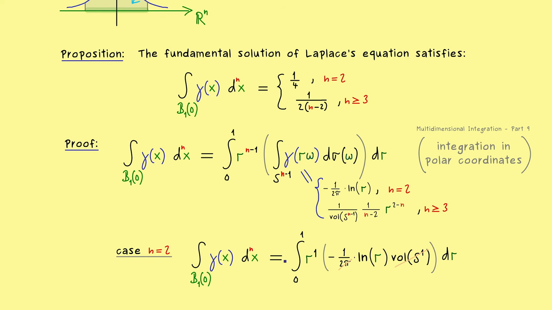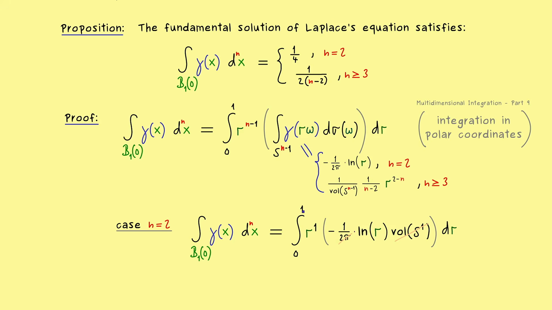And now you should recall your real analysis knowledge, because r times the logarithm of r is actually a bounded function on the interval from 0 to 1. So for example, for calculating the limit going to 0, you can use L'Hopital's rule to show that this limit exists. And this immediately implies that the integral definitely exists, it's a finite value, but we can also find it by using an antiderivative of this function.